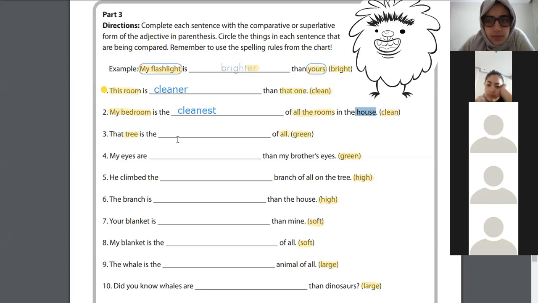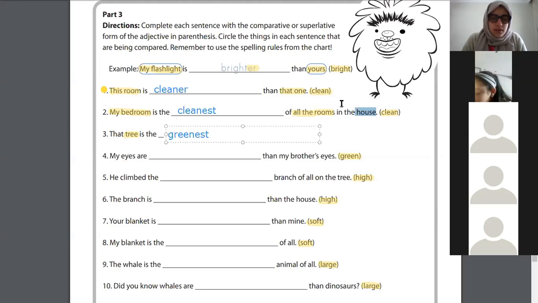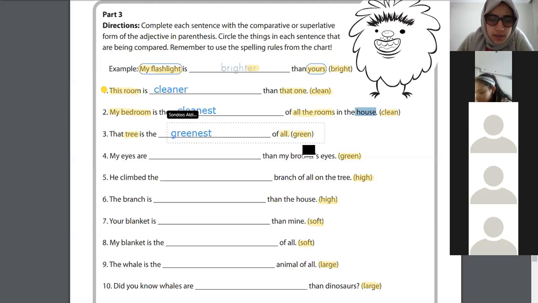EST. Well done. So this is how I'm going to write it. And how do I read it? The tree is the greenest of all. Well done, Lamar. Excellent.